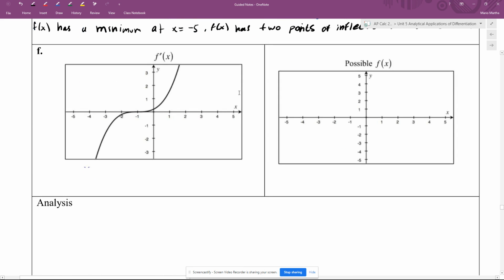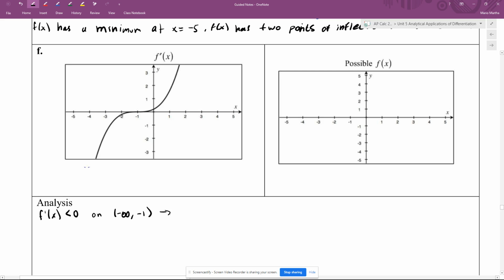All right, so now let's look at f. On f, we're going to start off with our analysis of f prime of x, right? First of all, where is it negative? Where is it positive? So f prime of x is negative, less than 0, from negative infinity to -1, essentially.